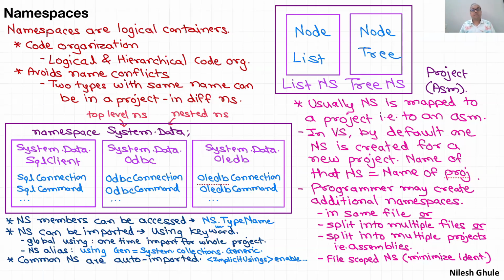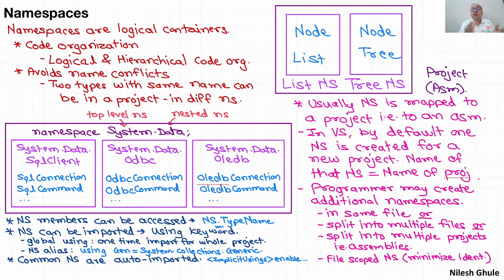He may split it across multiple files, or as I said, it can be split across multiple projects, that is, multiple assemblies. To use the data types inside a namespace, either you can use fully qualified names of the classes, or you can import the namespace using the using keyword on the top. If you do not want to do that in every file of the project, you may go for something called a global using.